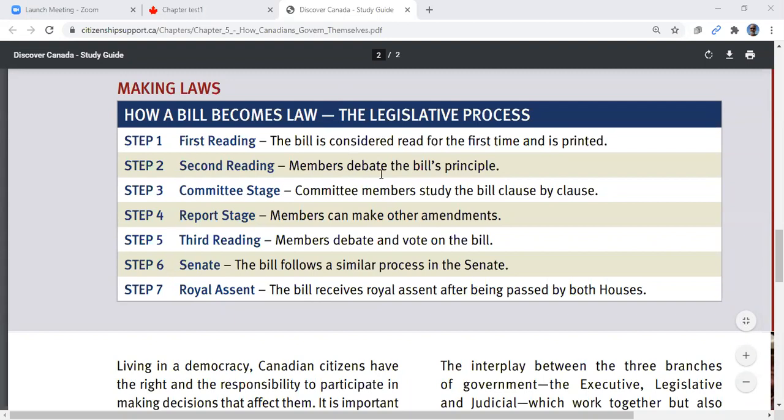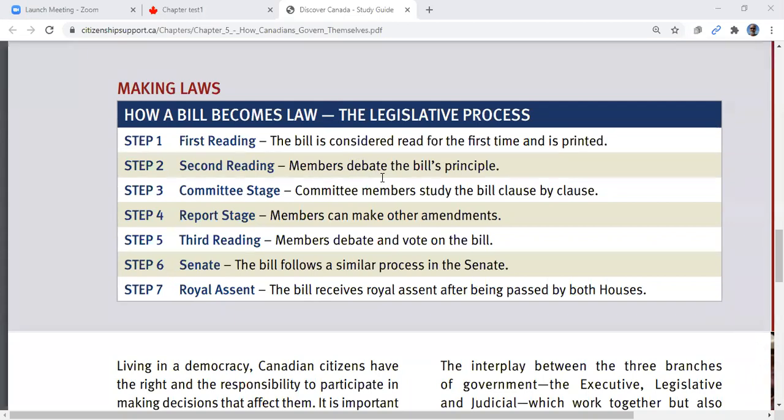Does anybody know what that means? No, it's okay. So what it is, they have a conversation, but a debate is when one side thinks these are the good points and the bad points, and then the other side says, no, these are the good points and the bad points. And it's like an organized argument. That's kind of what it is.